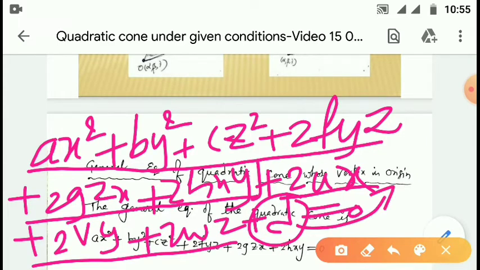So all the terms are not of the same degree, therefore it is not a homogeneous equation, and hence it is called a non-homogeneous equation. This non-homogeneous equation represents a cone. A cone represented by a non-homogeneous second degree equation in variables x, y, z is called a quadratic cone.